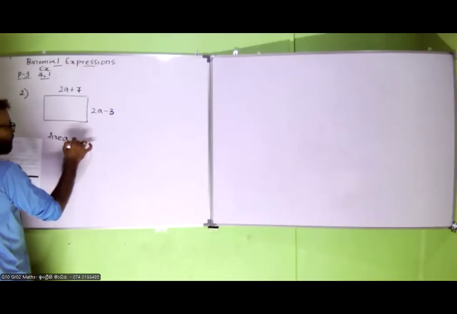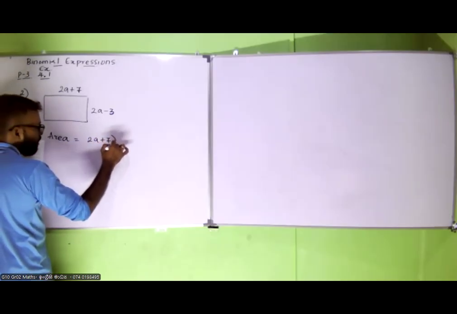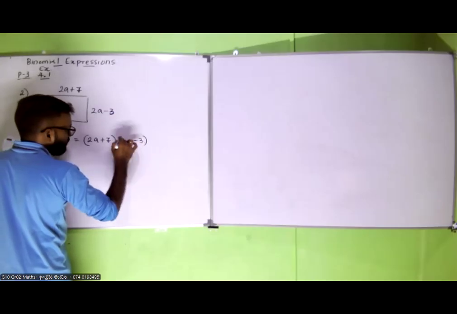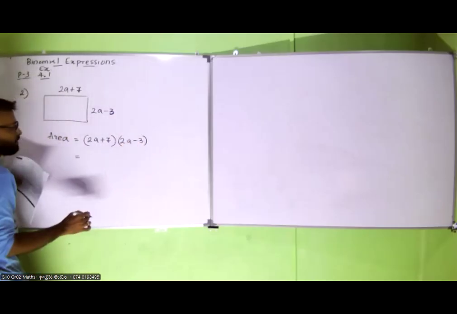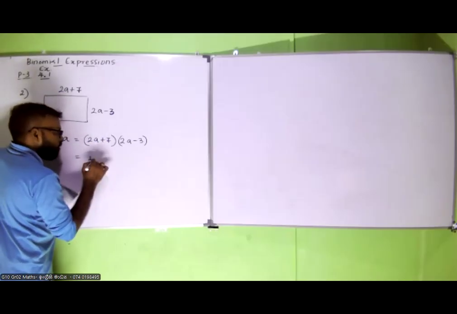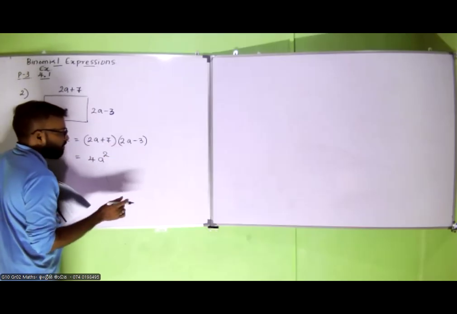So area, length into breadth: 2a plus 7 multiplied by 2a minus 3, right? So very simple. Positive into positive, positive: 2 times 2, 4, a times a is a squared.